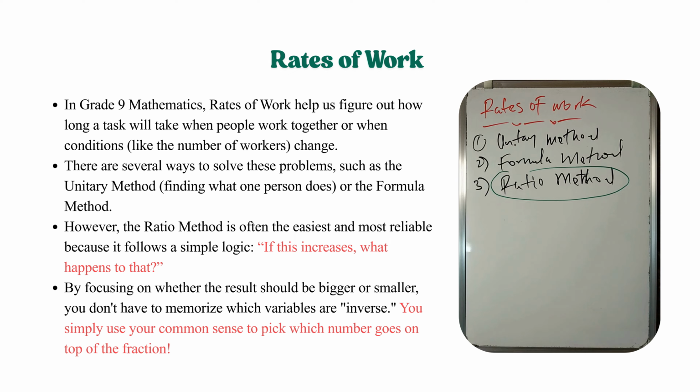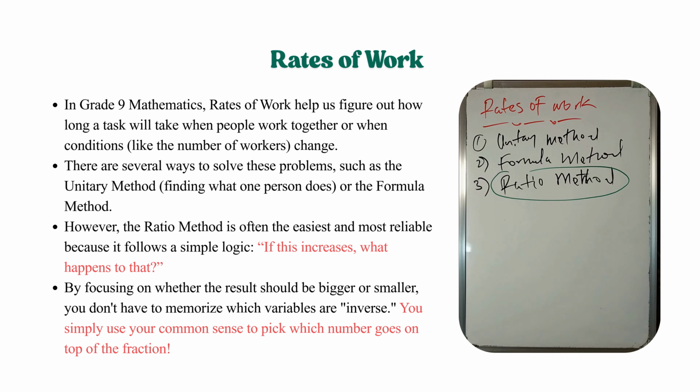The logic of the ratio method is that if this variable increases, we'll be asking ourselves, what will happen to the comparable variable? Our focus will be on whether the results should be bigger or smaller.